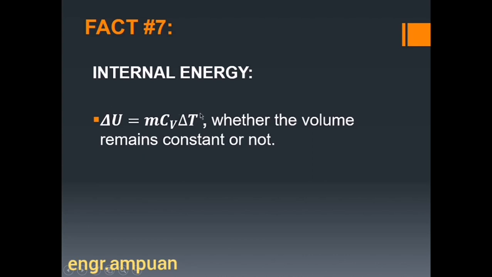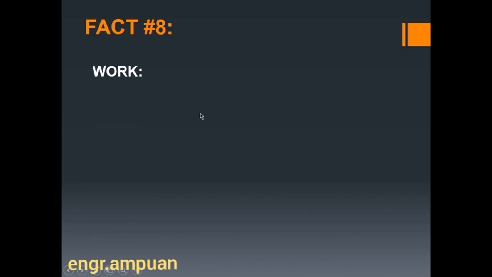Fact number 8 is about work. We all know that this is the formula for work. The change in work is equal to pressure times the change in volume, or dW equals P times dV.